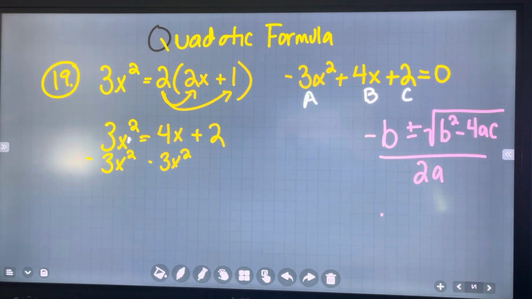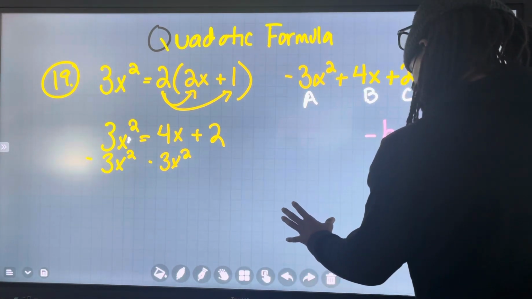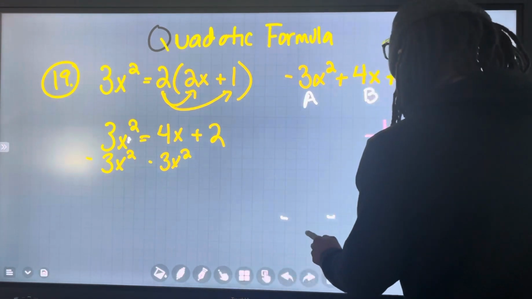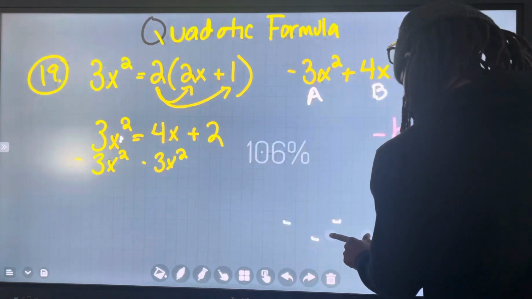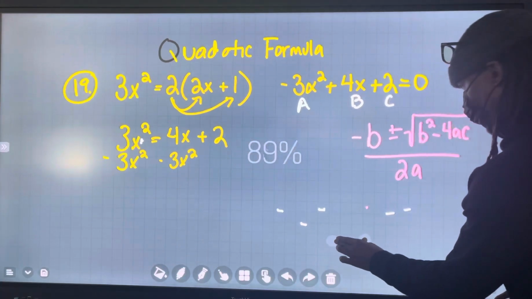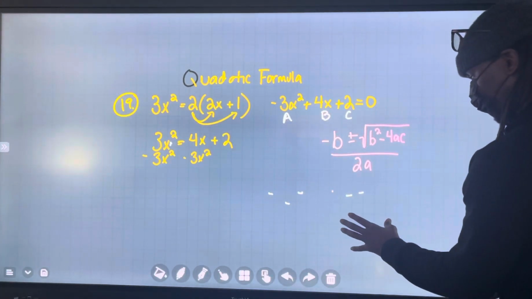Hold on, let me use the force real quick. Using the force.